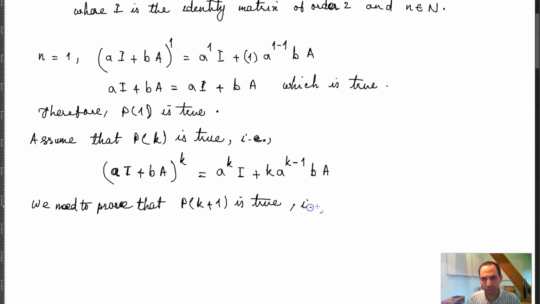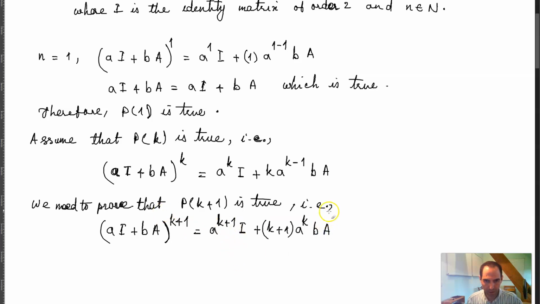That is, (aI + bA) raised to the power k+1 is equal to a raised to the power k+1 times I plus (k+1) times a raised to the power k+1 minus 1, that is a raised to the power k, times b times A. That is basically to show that this one is true.